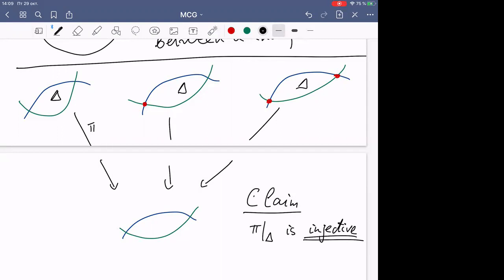If it is true, then we get a bigon downstairs. Then this bigon upstairs just embeds downstairs, which is a contradiction. So we need only to understand that it is injective.